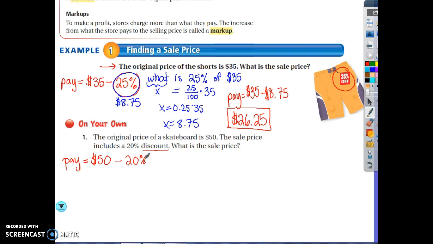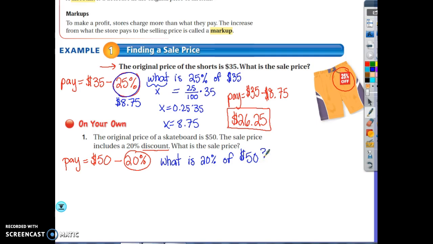As we said before, we can't subtract percent from dollars since our units don't match. So I'm going to take this percent and figure out what is 20% of that $50. So my first question is going to be, what is 20% of $50?